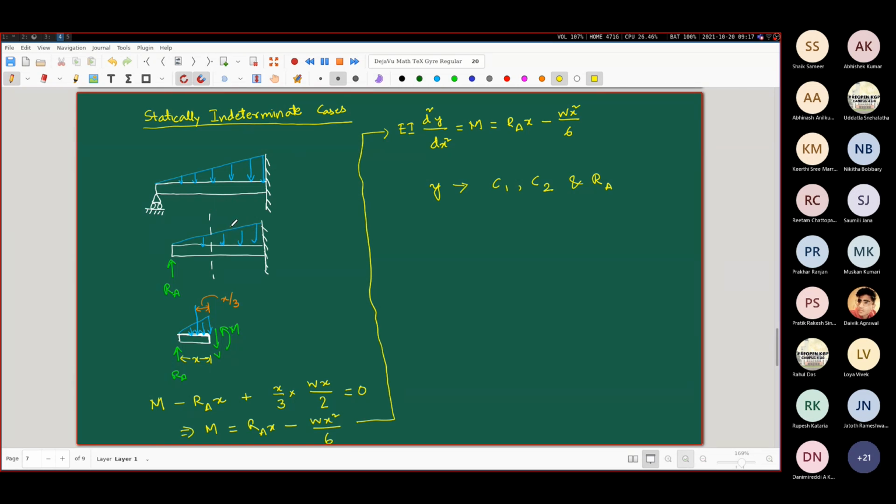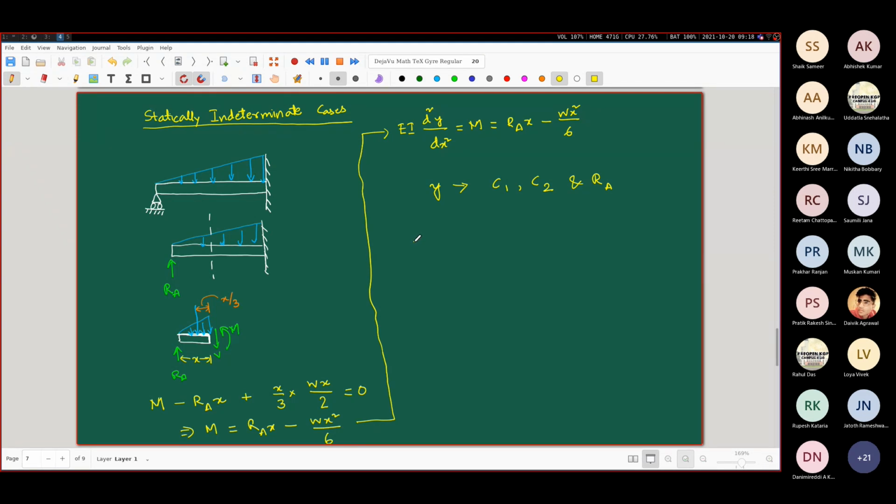Question is finally, till now we have avoided dealing with the method which we should use to find this Ra. Now it is the moment of truth. How do we find out Ra? You tell me. So just now we considered various boundary conditions, here for the pin joint and for the clamped fixed end. You tell me exactly what else should I use?